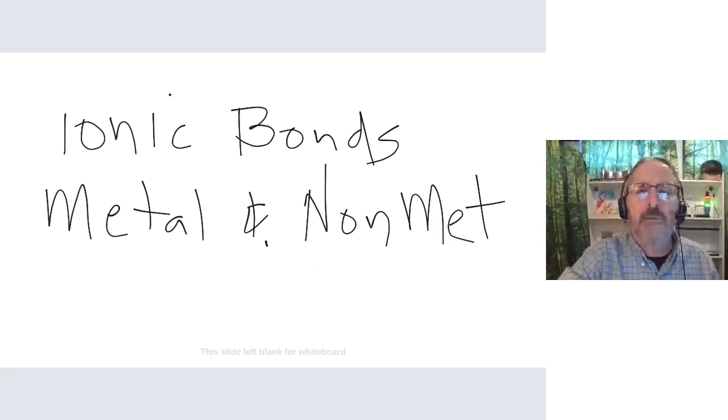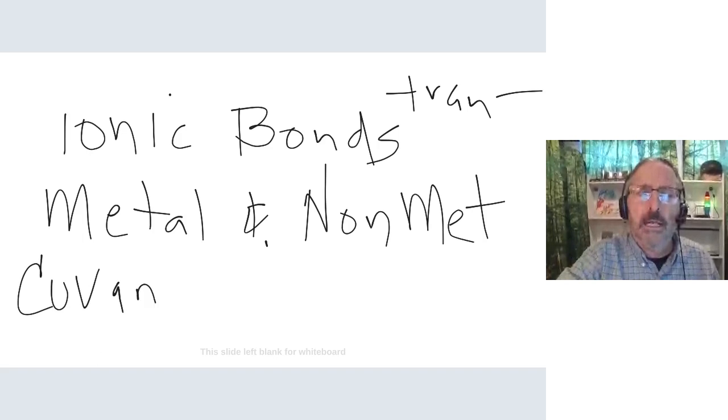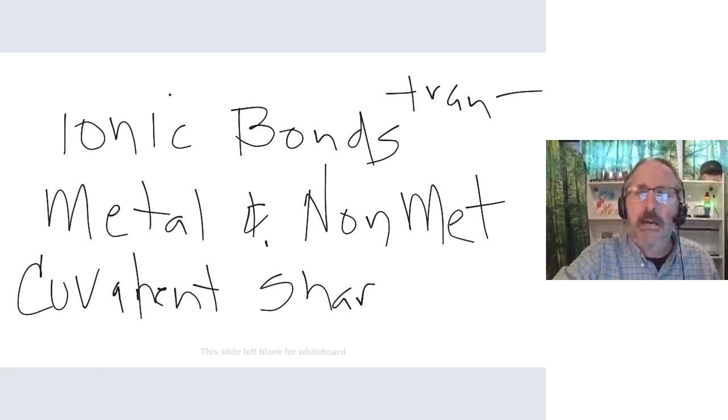They're transferring electrons, so it's like taking an electron and moving it somewhere. And covalent is the shared electrons, because we can't make an ionic bond out of two nonmetals, right?